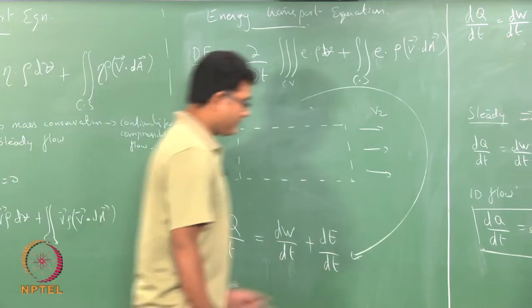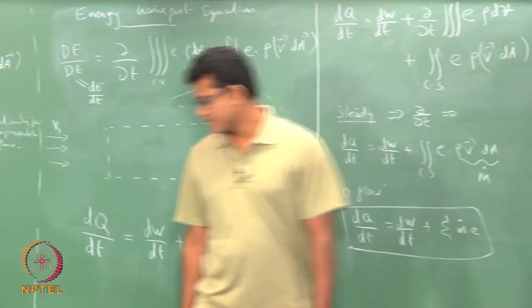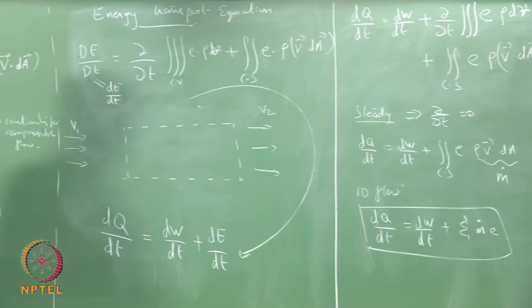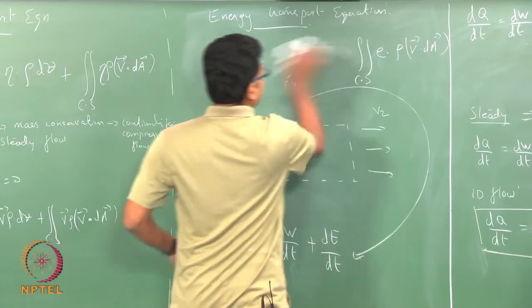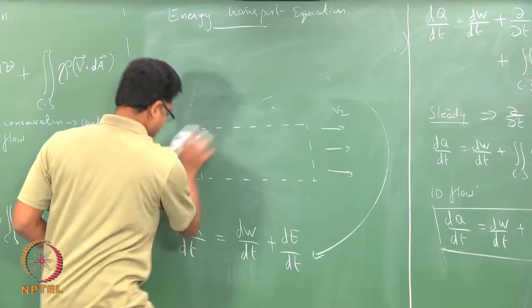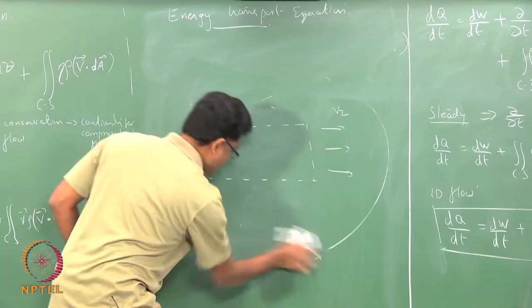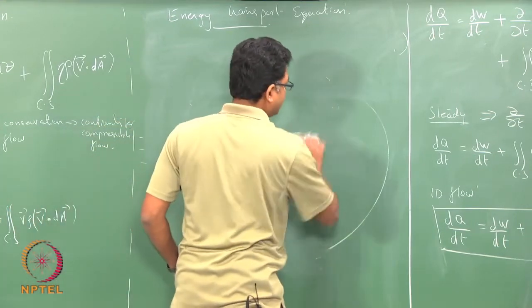Now, we will worry about dw by dt. That is the work done by the control volume. So, let us look at it more closely.